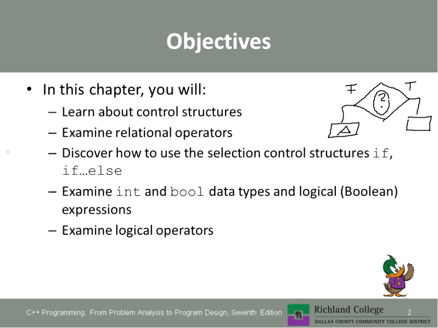So if it's false, it's A. If it's true, it is B. Now eventually, both of these statements come together and continue on with the code. Okay? So regardless if the question was resulting to true or false, regardless of if A or B was executed, C will always be executed.